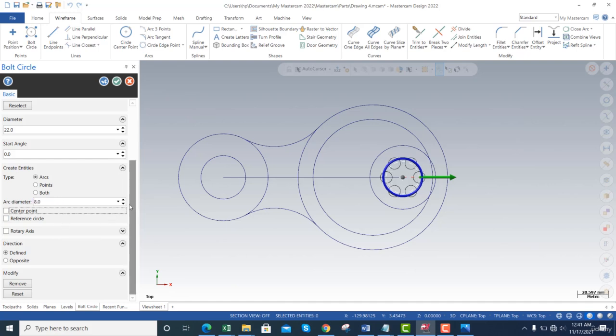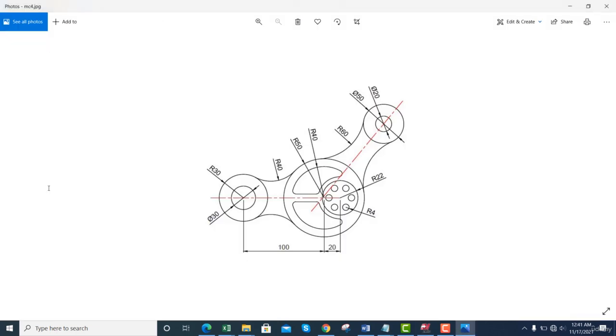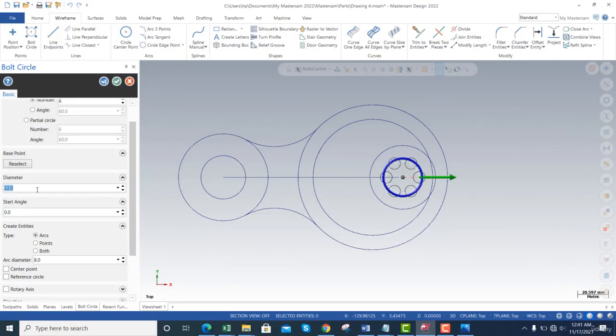So it's diameter 22, not 22. It will be almost, let's just make it 30. Okay, 30 is looking good.